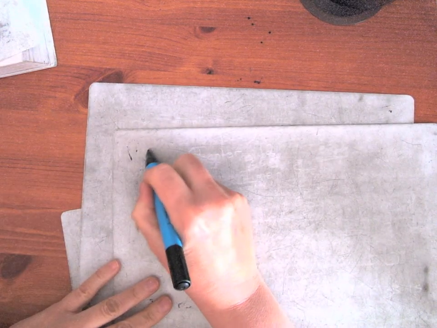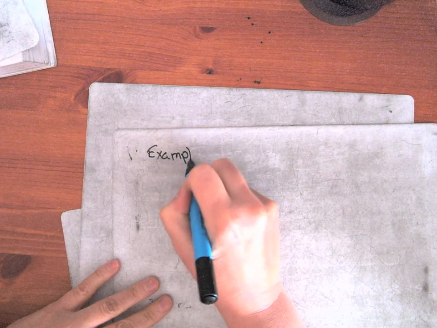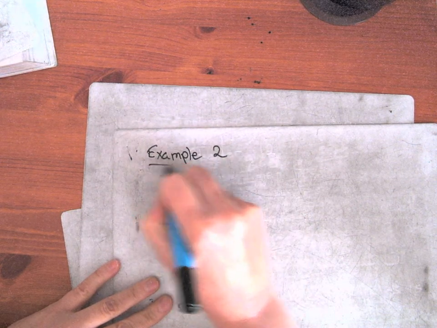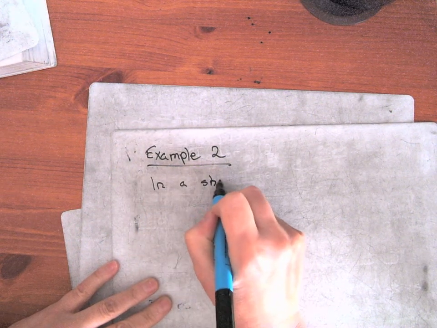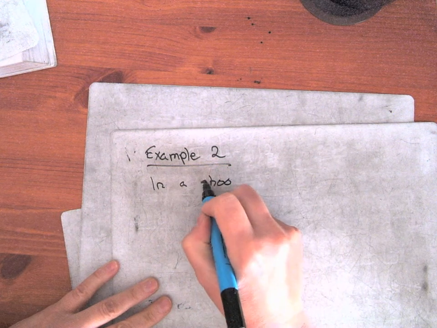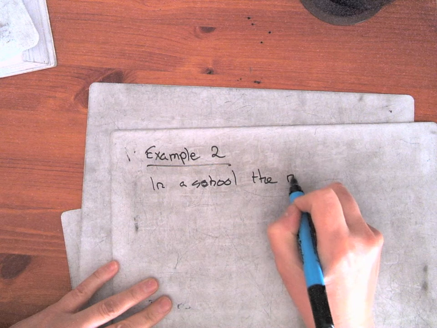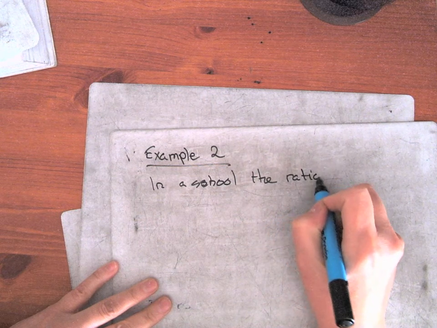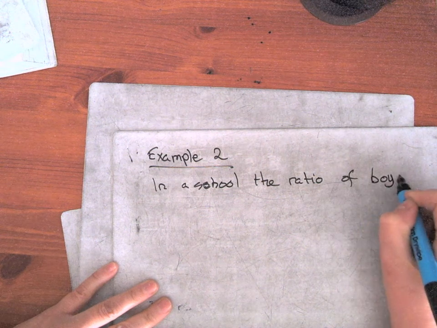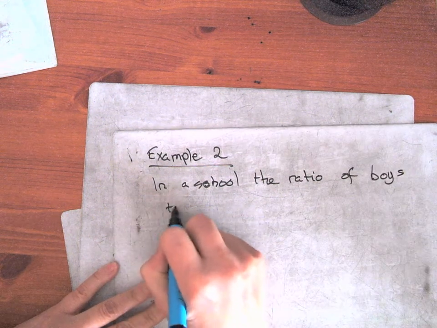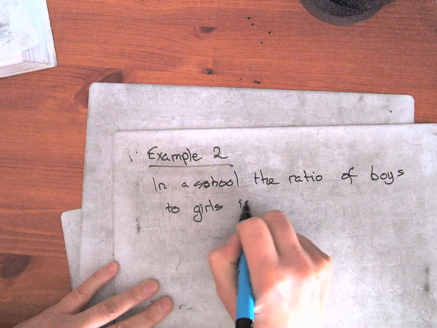Right, example 2. In a school, the ratio of boys to girls is, we'll say 5:2.